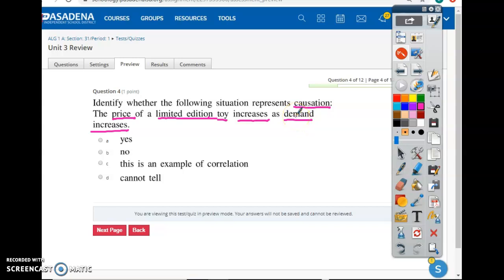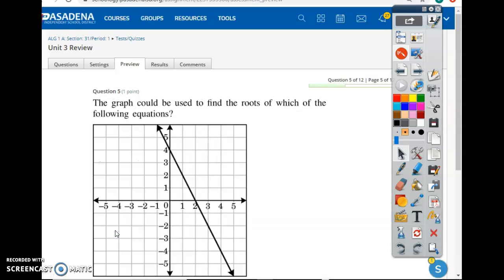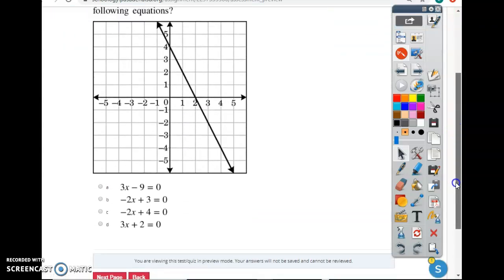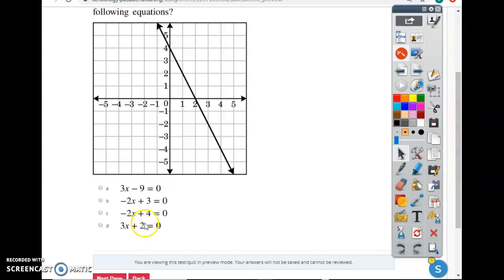You have to say yes or no. And see if you have it right whenever you submit it. Problem number 5. Just type all the answer choices in Desmos and see which one matches this one. Okay? So type the answers in Desmos and see which one crosses the x at 2 and crosses the y at 4. Okay?